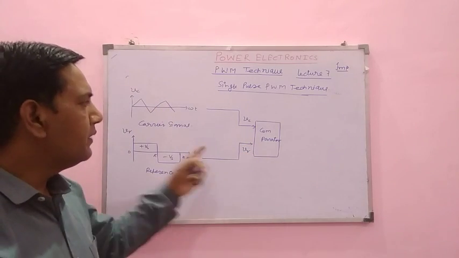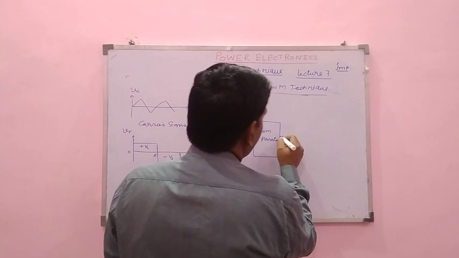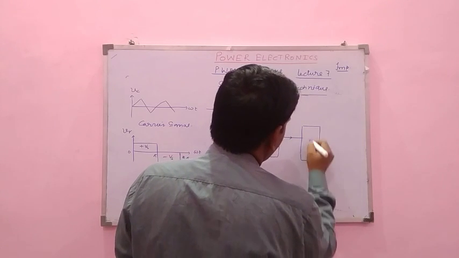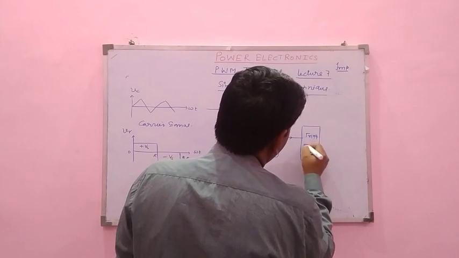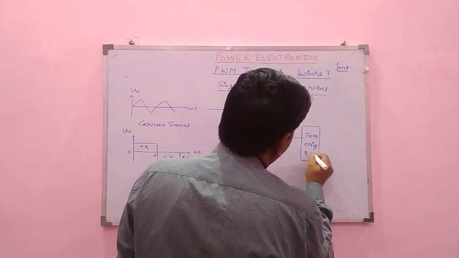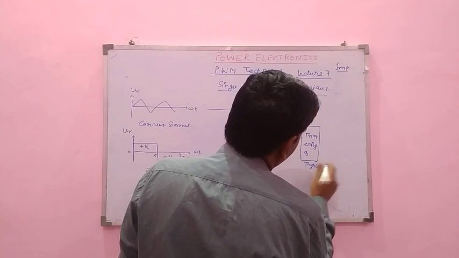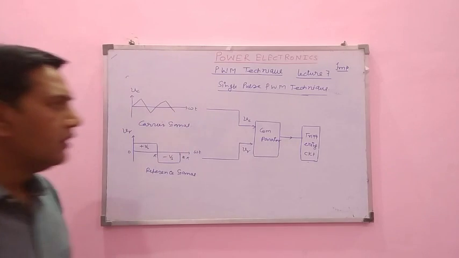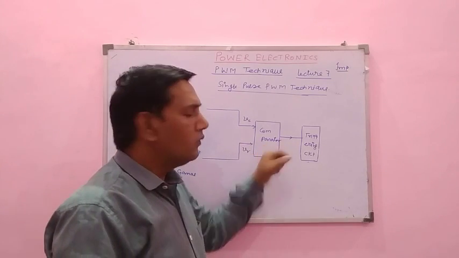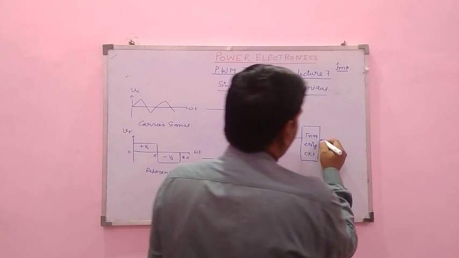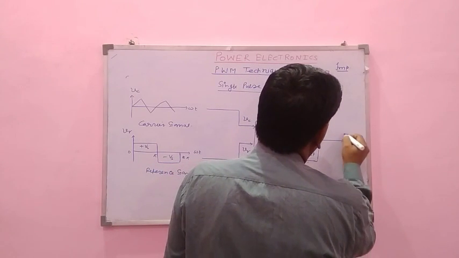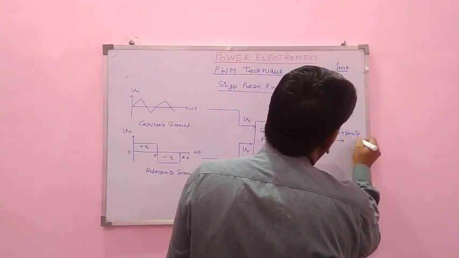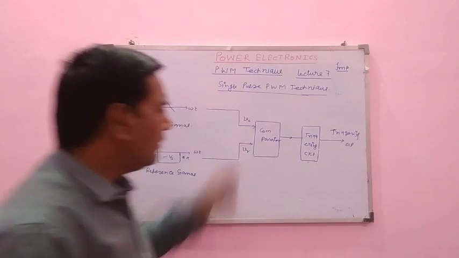This comparator will compare these signals and generate a signal for the triggering of thyristors. Or simply, it is a triggering circuit. It triggers according to the output of the comparator, and this is the triggering pulse, the triggering output.